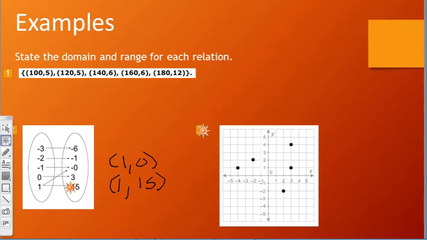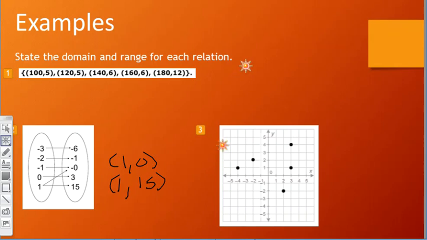Okay, let's go ahead and look at number 3. If we were to identify the domain and range of this relation, we can see that we have x values of -4, -2, 2, and 3. Okay, and then our range would be -2, 1, 2, and 4.